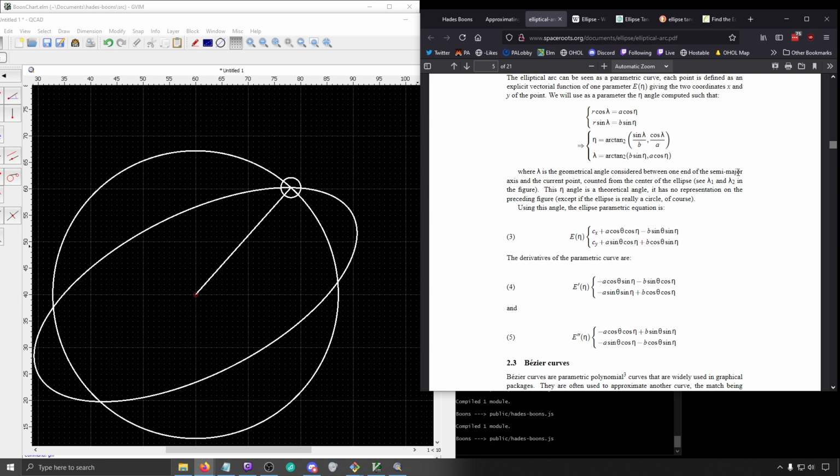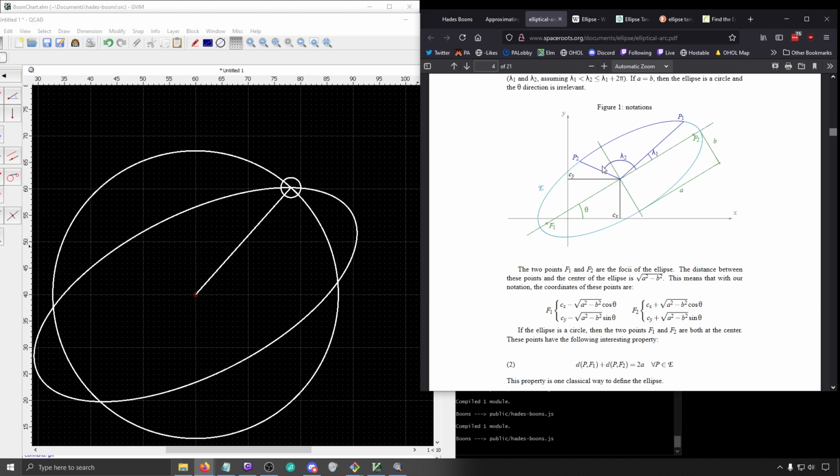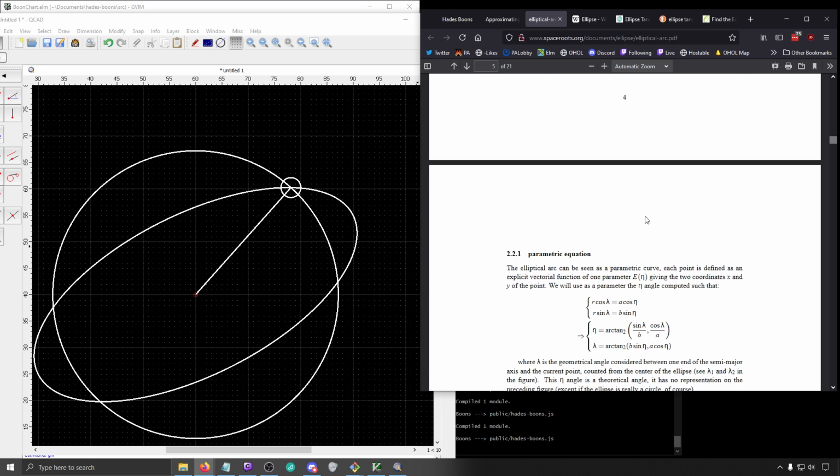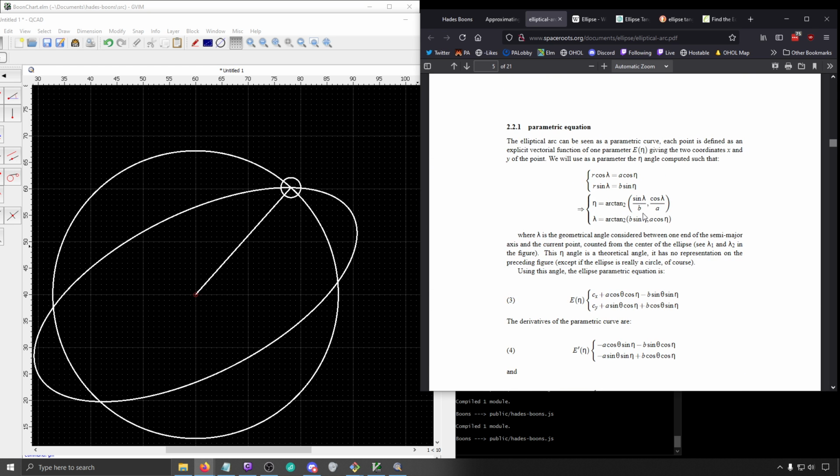Between one end of the semi-major axis and the current point, counted from the center of the ellipse. Oh, okay, no, that's exactly what I would expect the angle to be. So I don't know what this thing is.